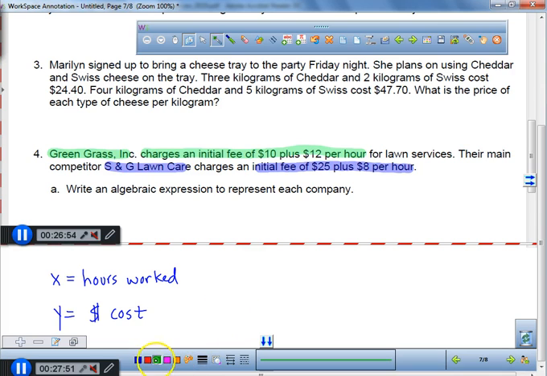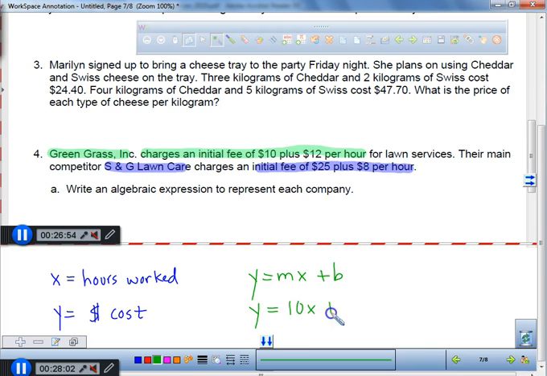So here we go. Anybody want to give me Green Grass's in terms of Y equals MX plus B? You got it. Y equals 10x plus 12. This is the Green Grass Company's equation right there.